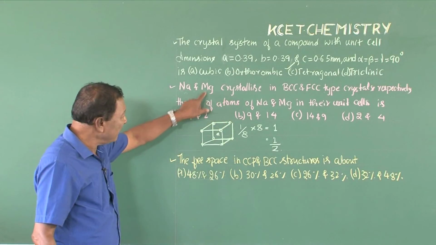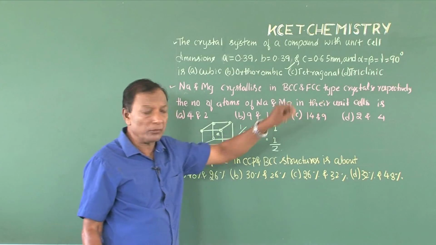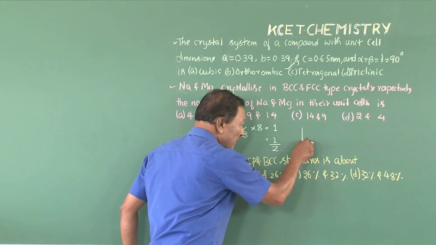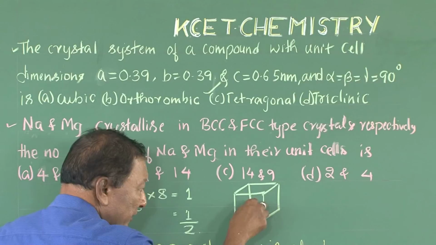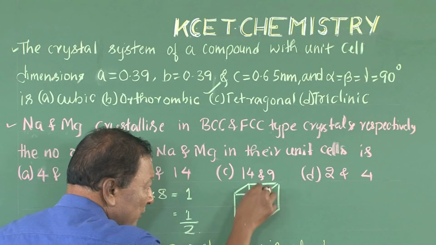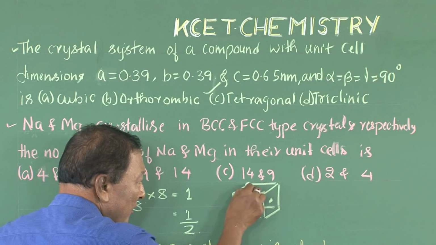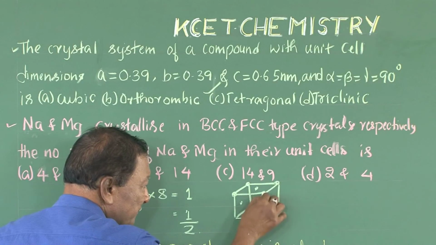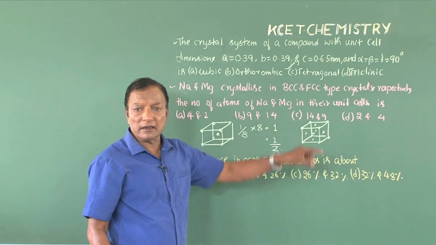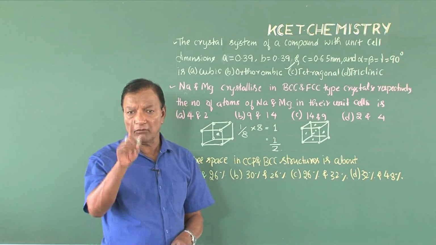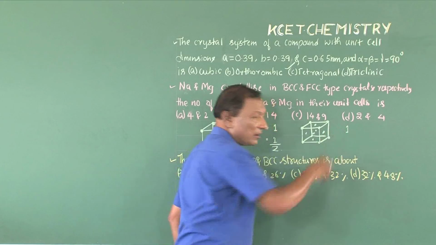While in the magnesium, which comes in FCC type unit cell, face-centered cubic unit cell, that unit cell is shown with the 6 faces carrying the additional particles at their centers, and of course, the corner lattice points are common, and they are a must. So here, from 8 corners, the number of particles will be 1, as in the previous case. This is the contribution from 8 corners.